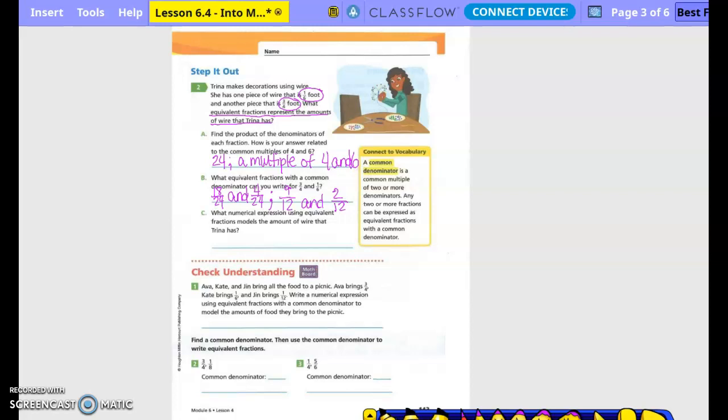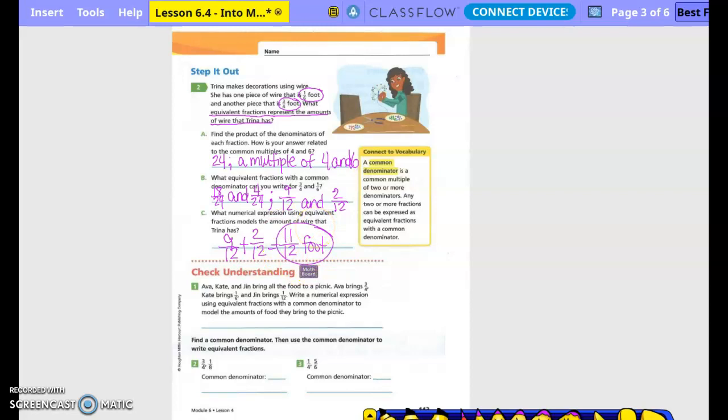Okay, so 9/12 plus 2/12, since it's already simplified, right? Or it's in our smallest terms that we could use right now. 9/12 plus 2/12 equals 11/12. Can that be simplified? No. So 11/12 of a foot, right?